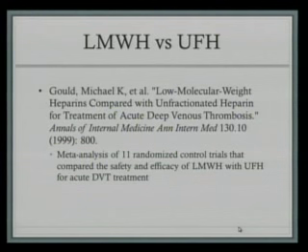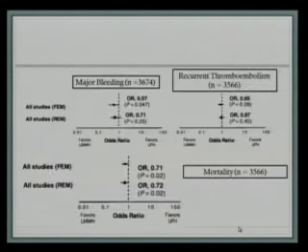Gould did a meta-analysis in 1999 comparing the effectiveness and safety of low molecular weight to unfractionated heparin. He looked at 11 randomized trials, and what he saw was that in terms of mortality, there's a slight benefit that favors low molecular weight over 3 to 6 months, and it also favored low molecular weight in terms of major bleeding risk.